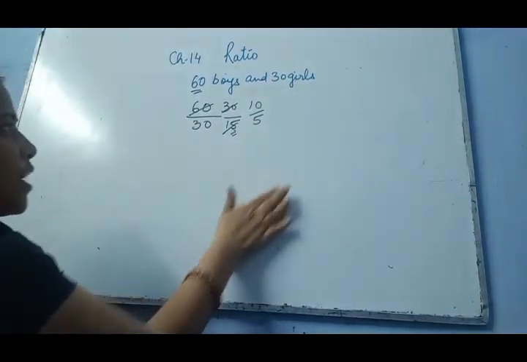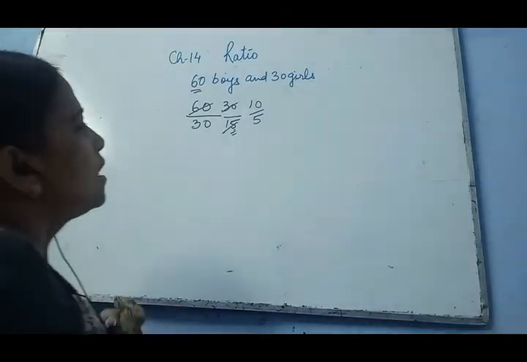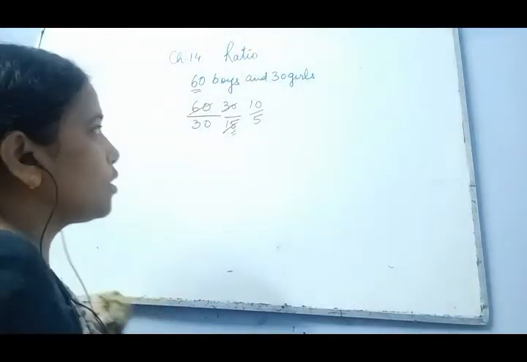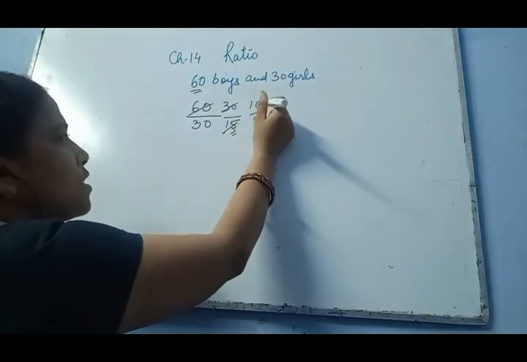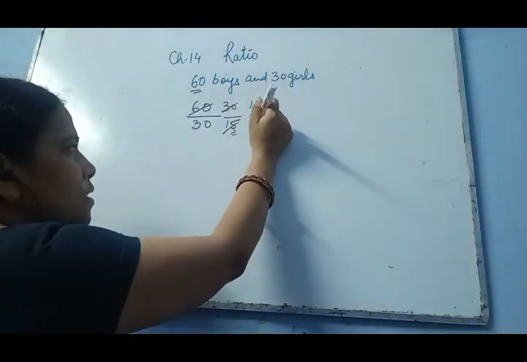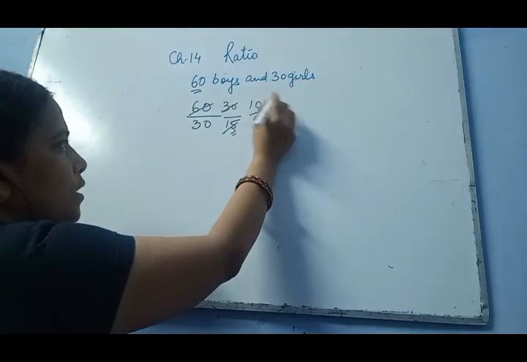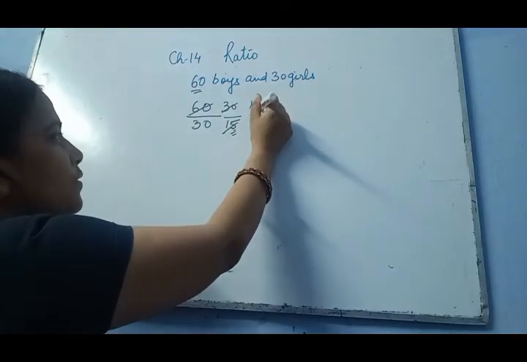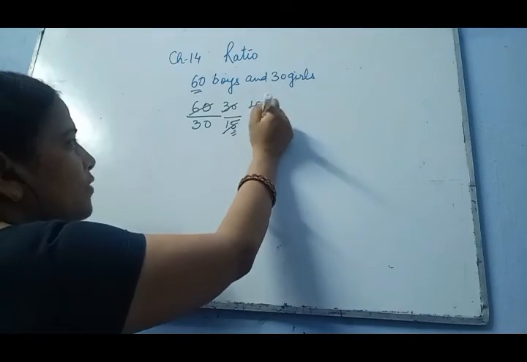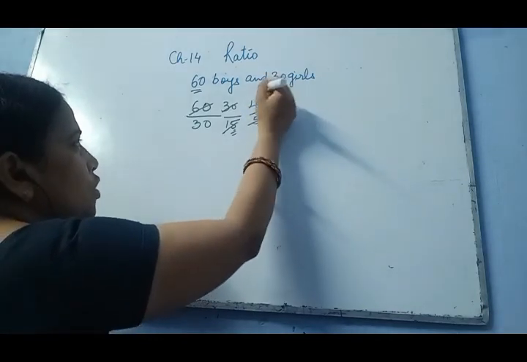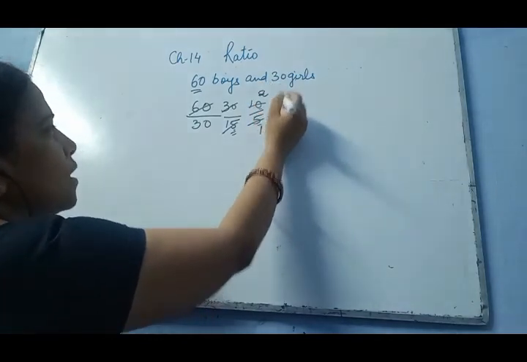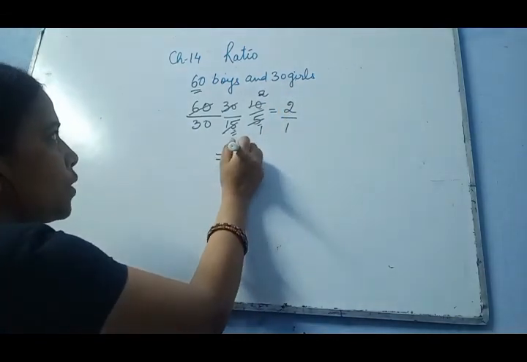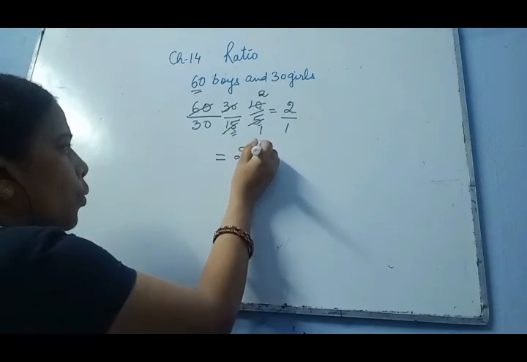So let us check again whether this 10 and 5 are divisible by any number or not. What do you see? This is divisible by 2, this is not. With 3, both are not divisible. With 4, both are not divisible. Now with 5. 5 2s are 10, 5 1s are 5. So this is 2 and 1. So the ratio becomes 2:1.